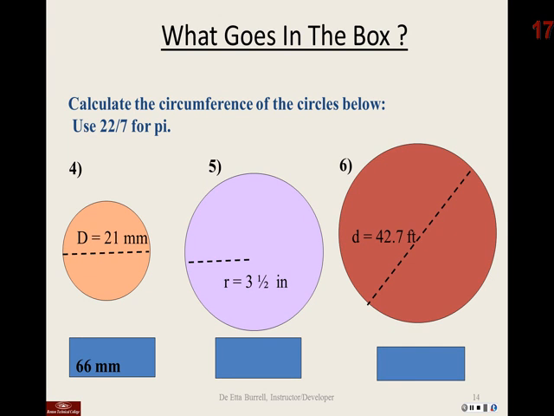What did you guys get for number 5? Well, the improper fraction for 3.5, we know 3.5 times 2 is 7. So what is 22 times 7? Come on, you guys. 154.